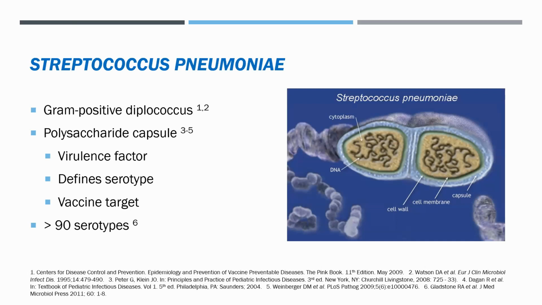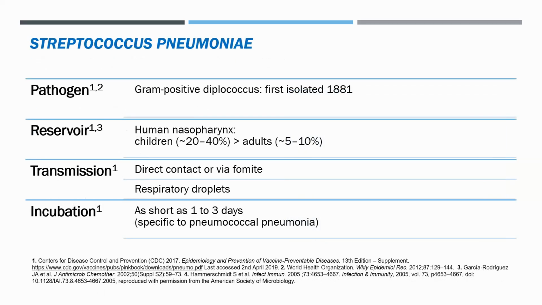And we also know that the polysaccharide is a target for vaccine development. At the moment, there are more than 90 serotypes circulating in the community, but not all of them are important, because the more virulent serotypes are usually the targets of vaccine development.